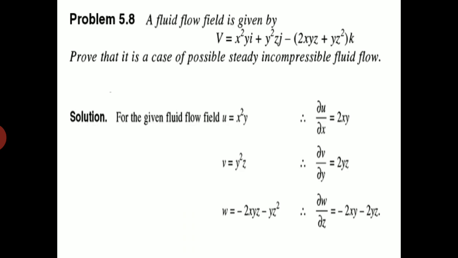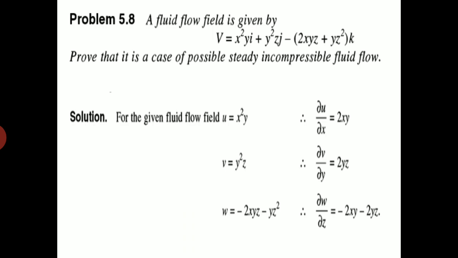So similarly, we can solve the next numerical, where the flow field is given as v is equal to x square y i plus y square z j minus (2xyz plus yz square) k. So we have to prove whether it is a case of possible steady incompressible fluid flow.